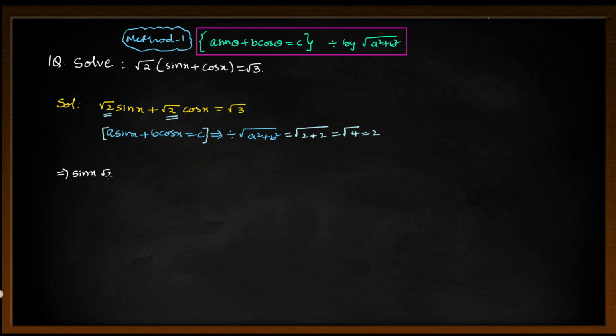Root 2 is there, we are dividing by 2, plus cos x is there, we are dividing by 2, root 2 divided by 2, and root 3 is there, we are dividing by 2. Each term is divided by 2.